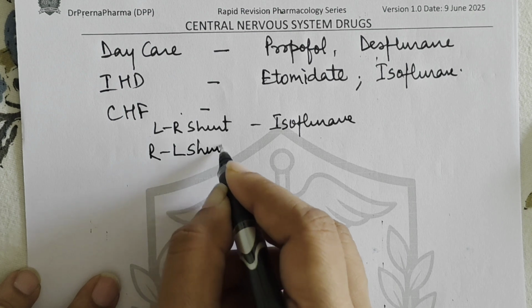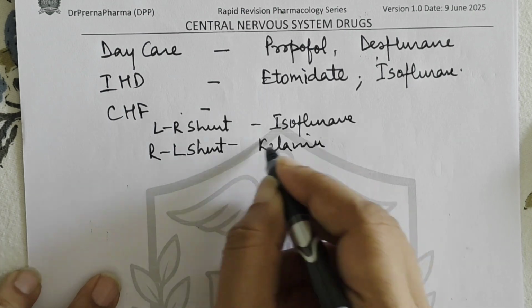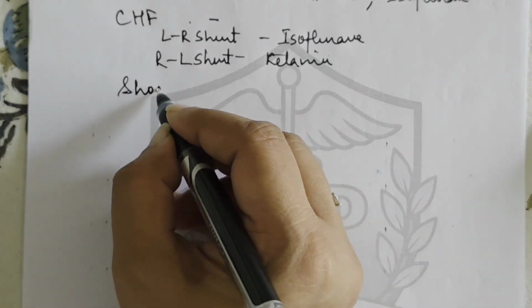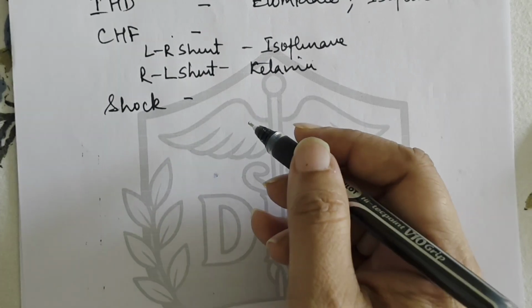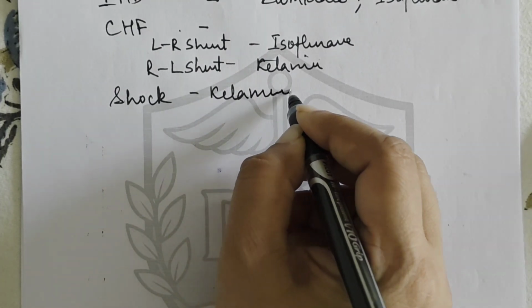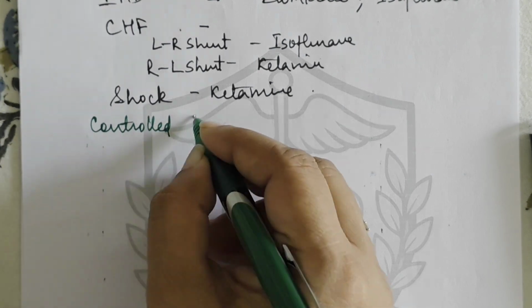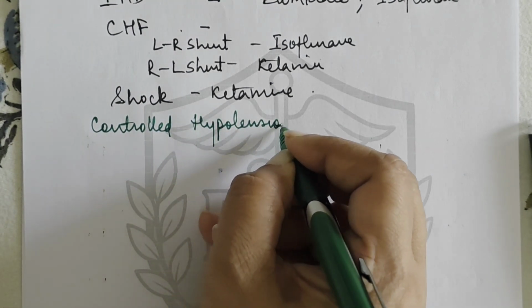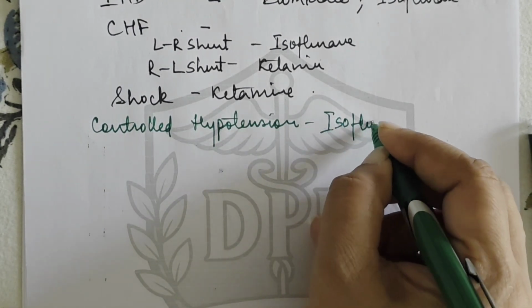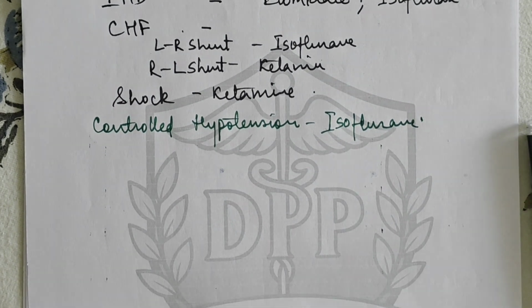Right to left shunt, use ketamine, right? Shock condition, use ketamine. Then to produce controlled hypotension, we use isoflurane because it produces hypotension to the maximum extent.